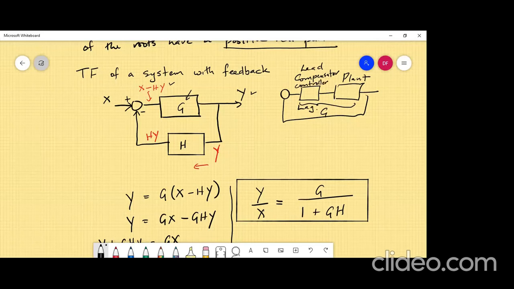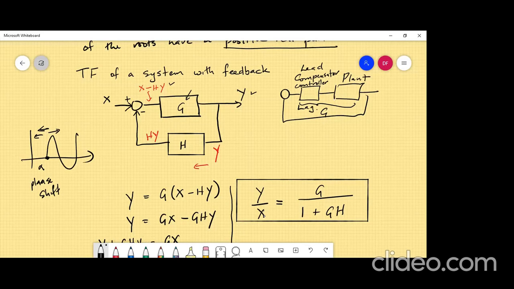Now, remember when we were talking about the phase shift? So this alpha here is a phase shift. The compensator is supposed to move it in one direction or the other, depending on what you want.